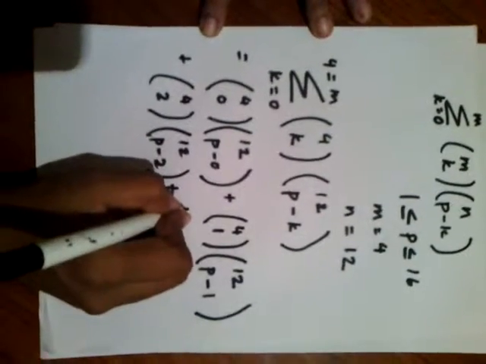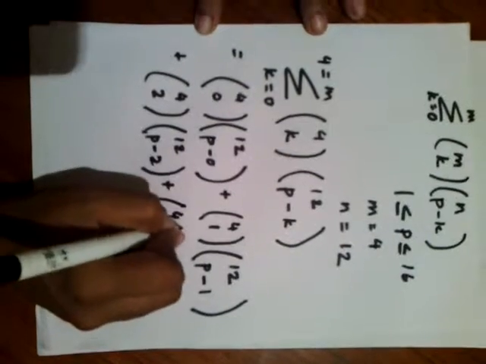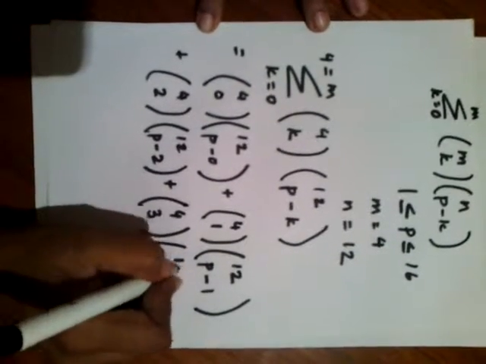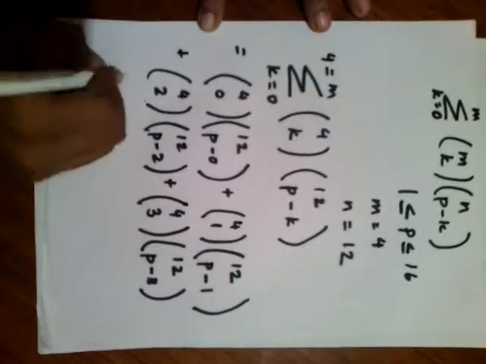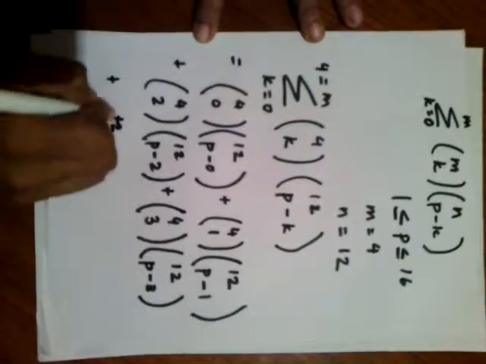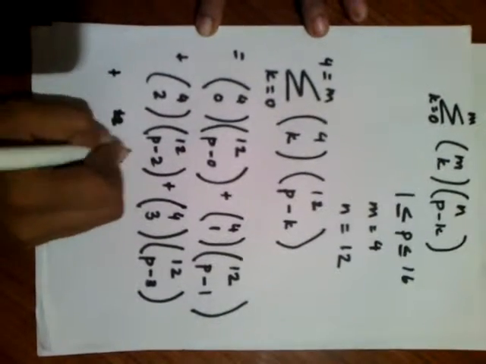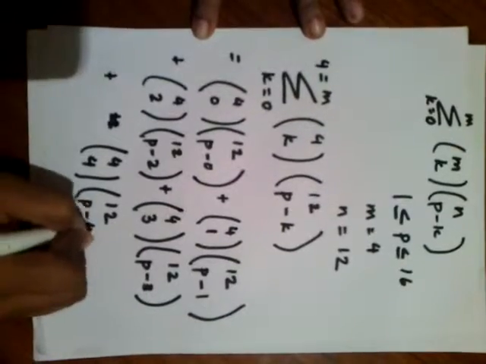The fourth term is 4 choose 3, and you have 12 choose p minus 3. And finally, you have 4 choose 4 times 12 choose p minus 4.